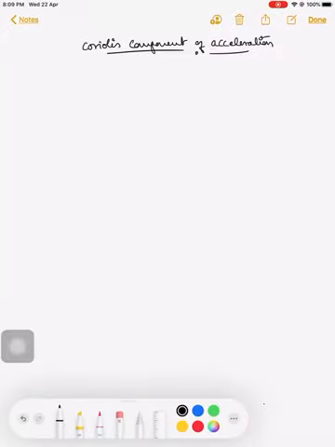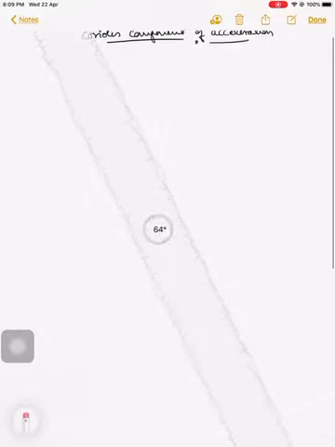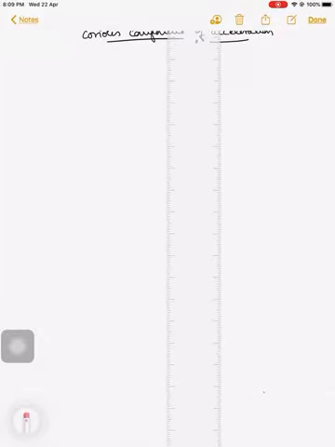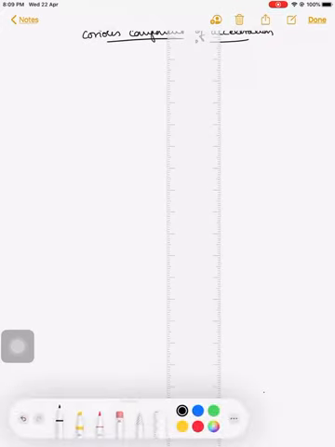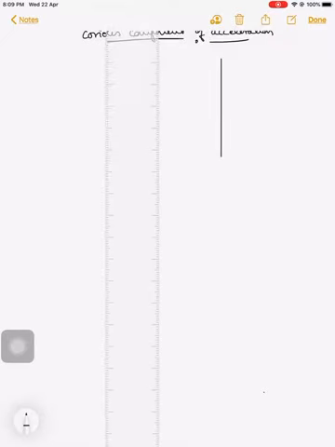So there are two motions relative to the fixed point O. For that, let us consider a link OA.